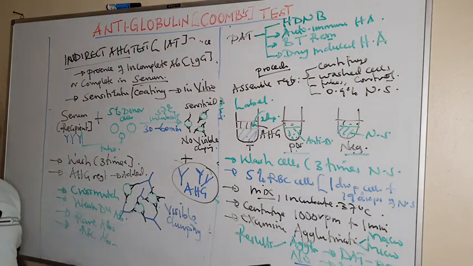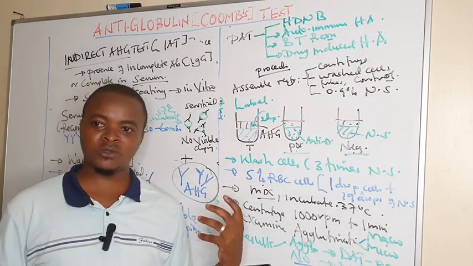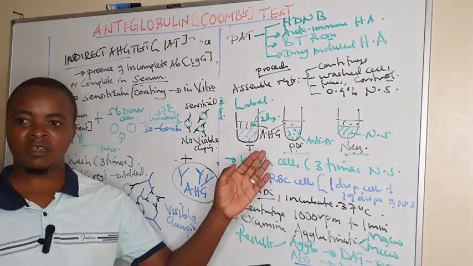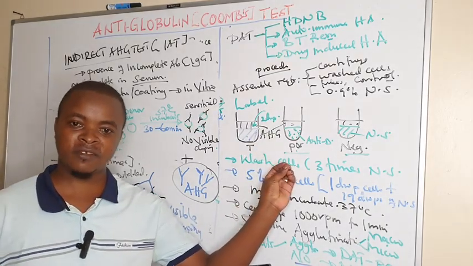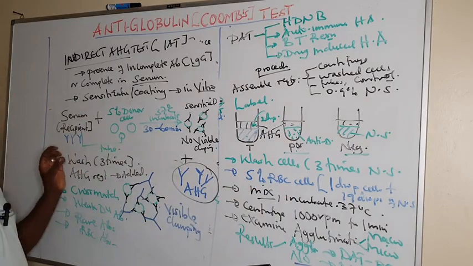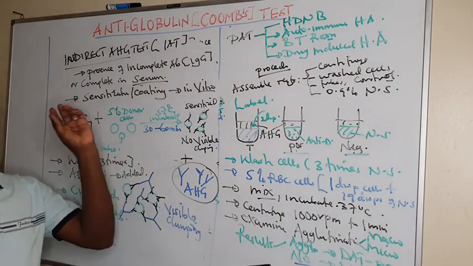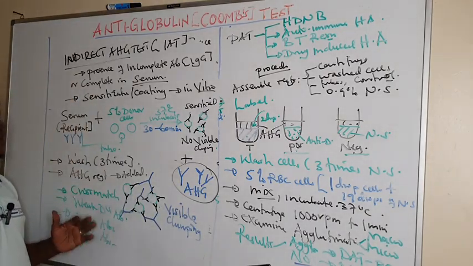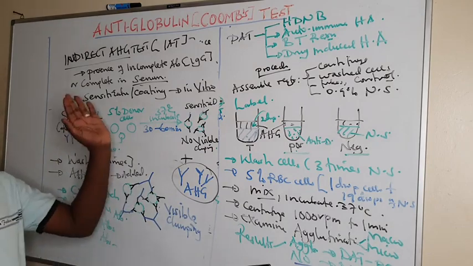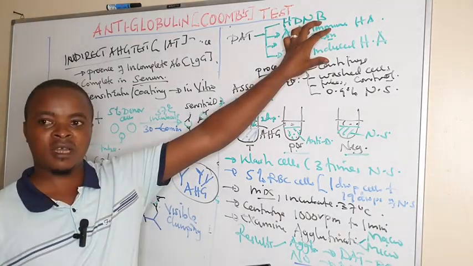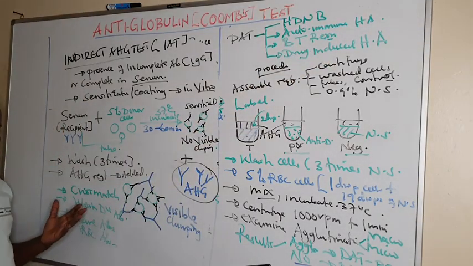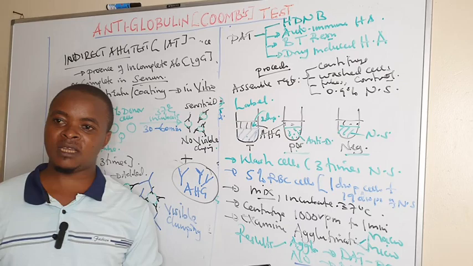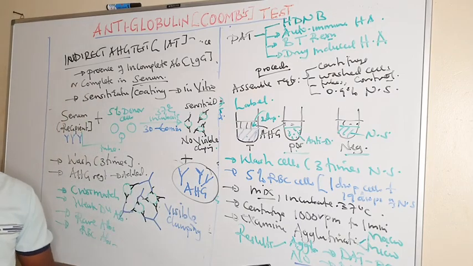We have seen different forms, direct Coombs and indirect Coombs, and the difference. In direct, it is one stage, whereby we are using cells already sensitized in vivo, whereas in indirect we are sensitizing cells in the tube, outside the body. Direct is used for these 4 applications, whereas indirect is for cross-match, weak DU, rare antibodies and RBC antibodies, which can cause blood transfusion reactions.